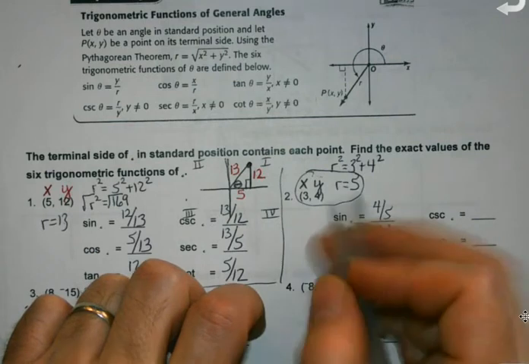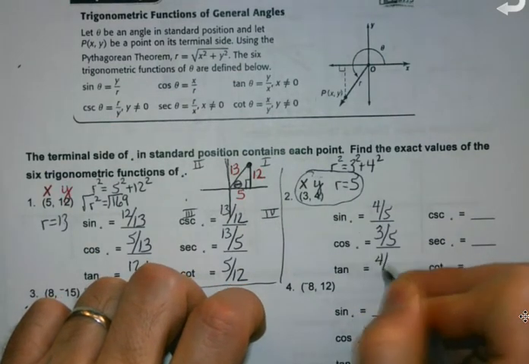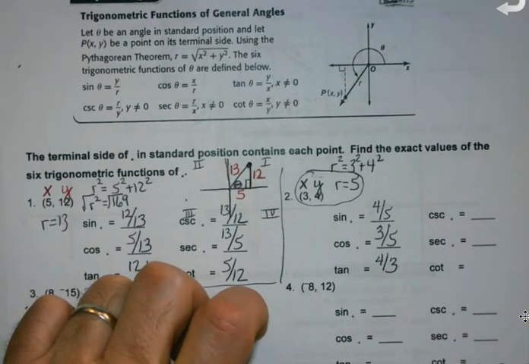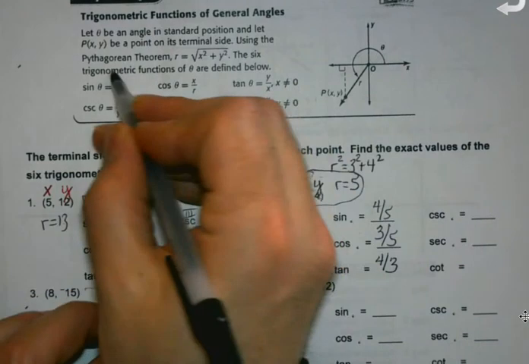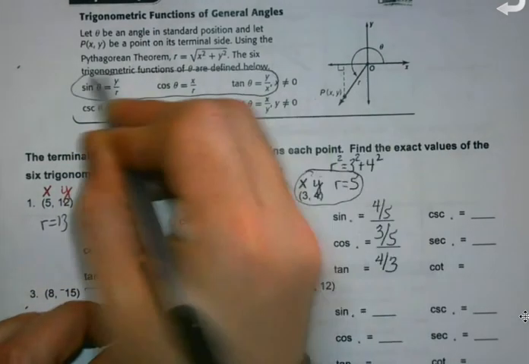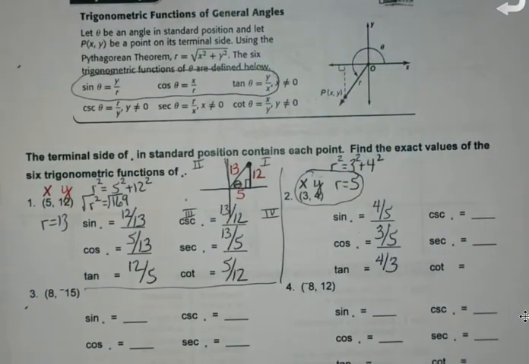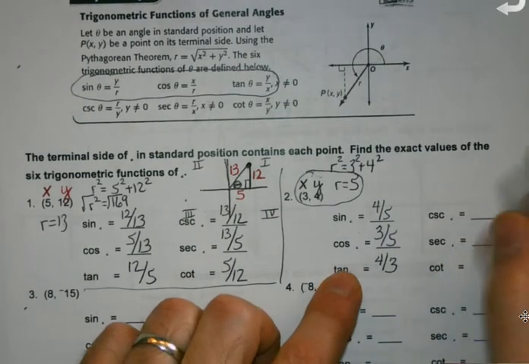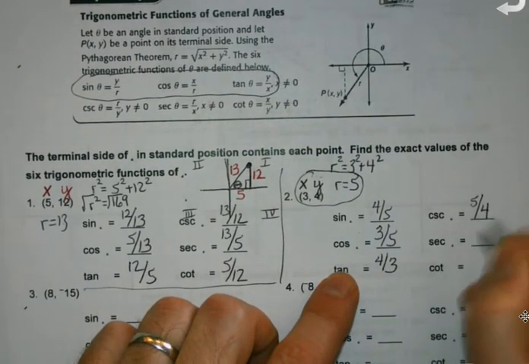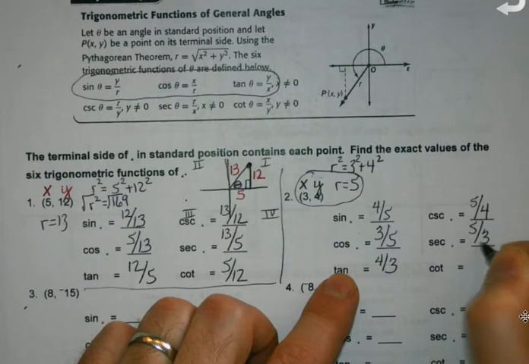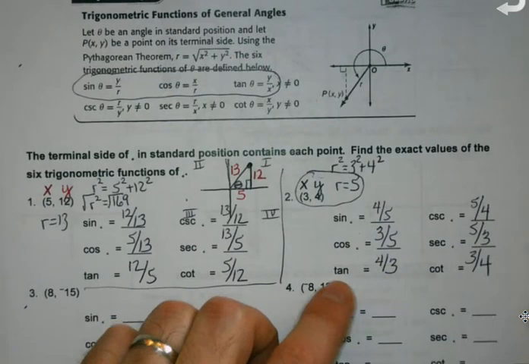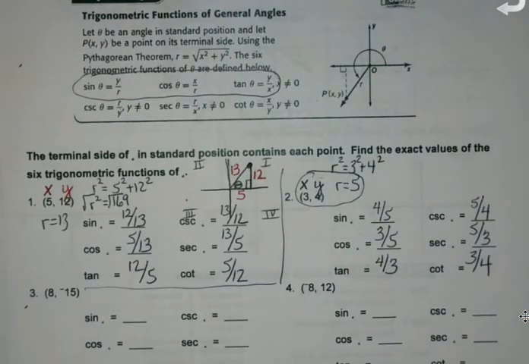And tangent is y over x. So there are some benefits to knowing these, because I don't have to draw a picture then. Because once I have these three, again, I can just take their inverses to find my alternate value.